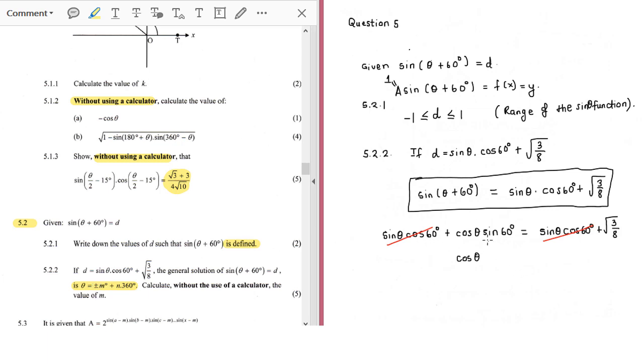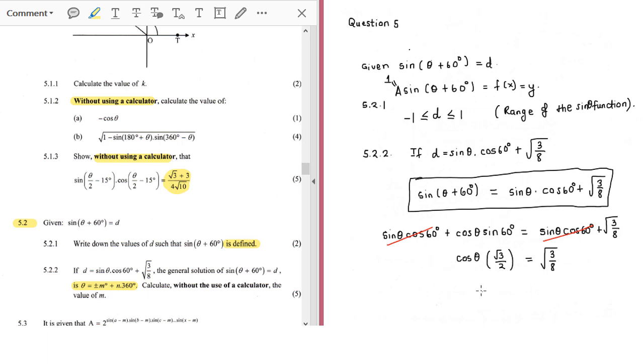Which means that we are going to have to write down the value of sine of 60 degrees. Now the sine of 60 degrees is equal to the square root of 3 divided by 2. Now all of this is equal to the square root of 3 over 8.